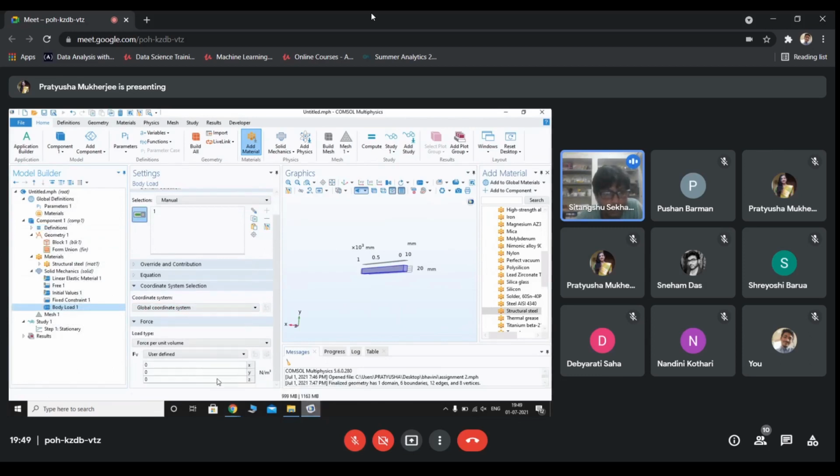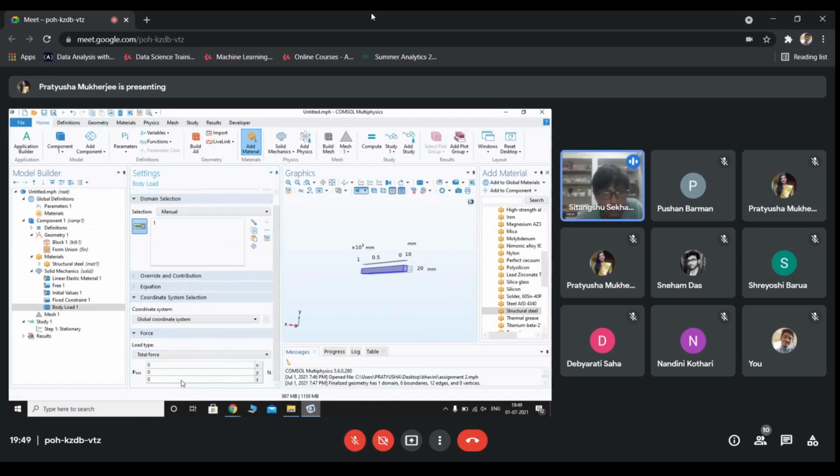Select the load type as total force. The load will be applied in the negative y direction, so you put minus 10 newtons.